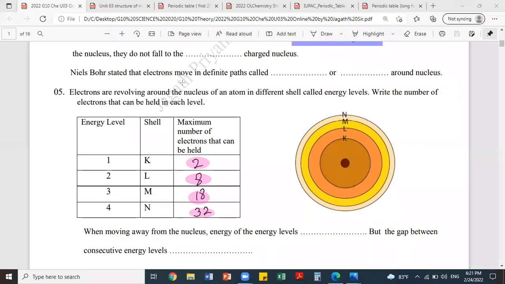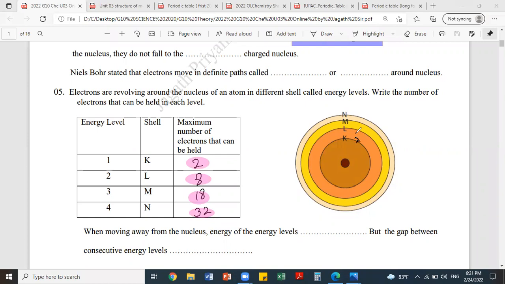That means the first energy level can keep maximum 2 electrons, and the second energy level, shell L, can keep 8 electrons.